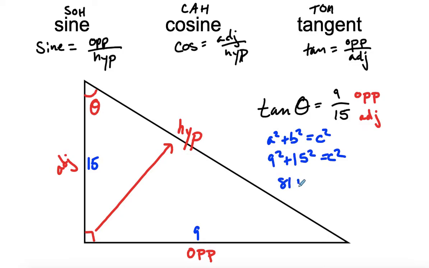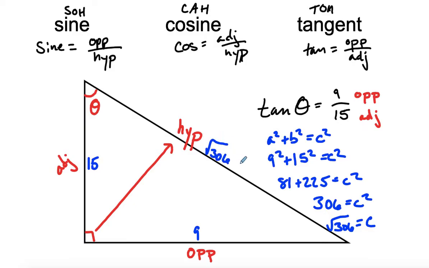So 81 plus 225 is c squared. So c squared is 306, meaning c is the square root of 306, which might be a nice number. Let's just check quick. It is not, so we'll leave it as is. So we would say the hypotenuse is the square root of 306.